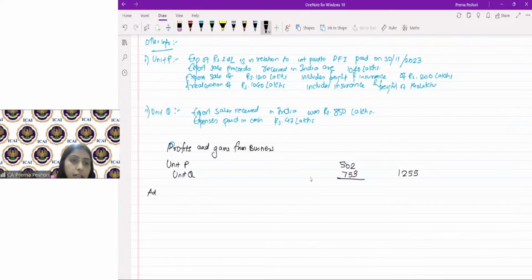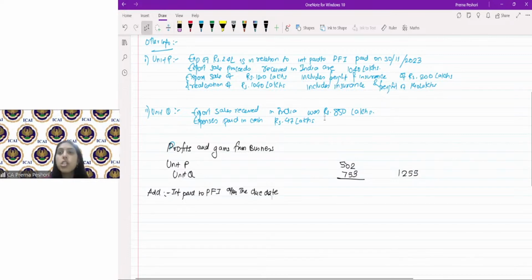So add interest paid to the public financial institution after the due date of the return of income, which is 24 lakhs. So this will get disallowed. Are we clear about this?